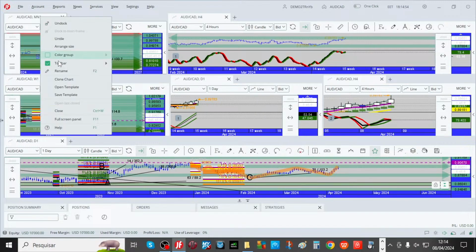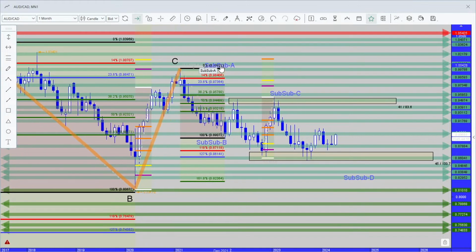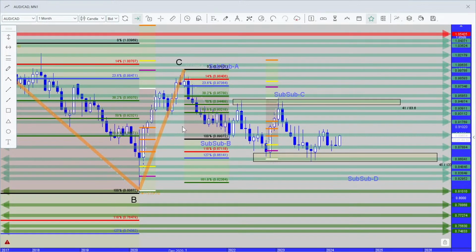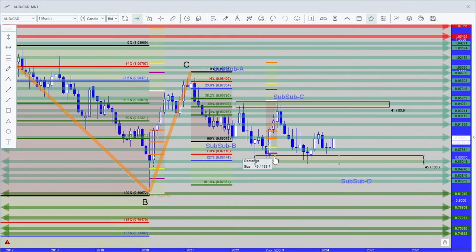So when we go on AUD CAD, and we've learned that we start our sub A, we start our confirmation Fibonacci from the C, and we do put the contrarian Fibonacci on the confirmation Fibonacci, we can realize that this sub C is confirmed, isn't it?